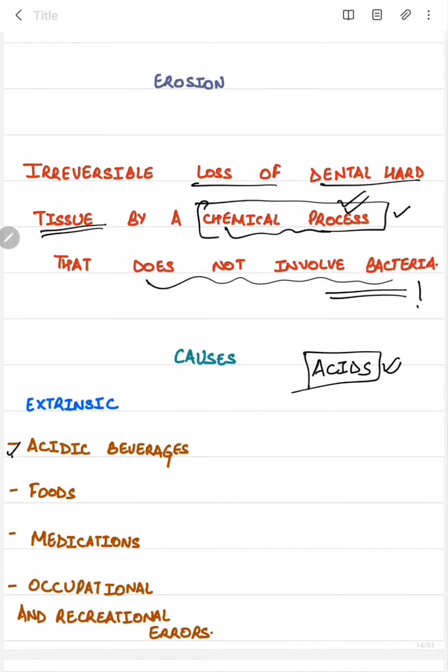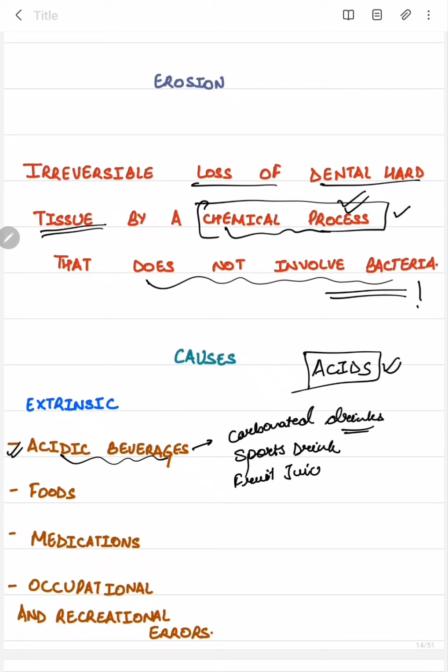The first one is acidic beverages such as carbonated drinks, right, which have a low or acidic pH, or sports drinks, or you can say fruit juices also, right, fruit juices.